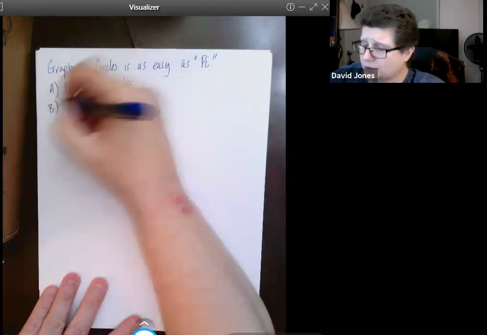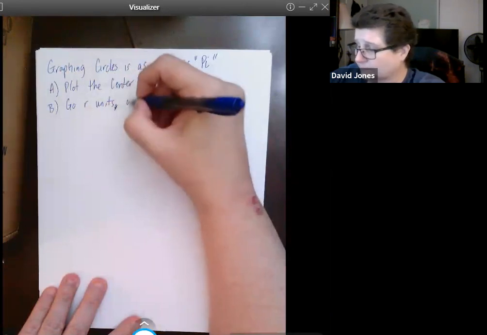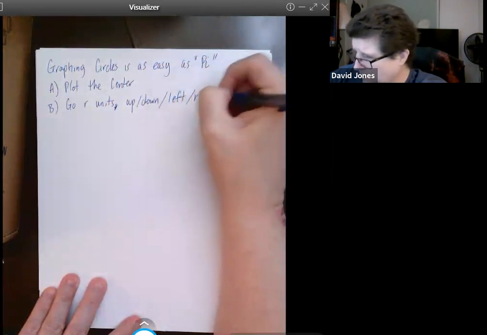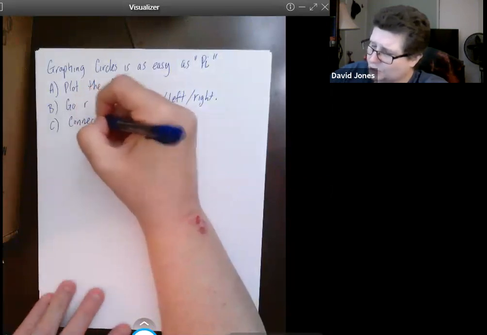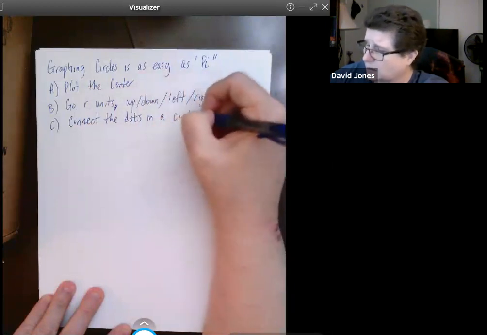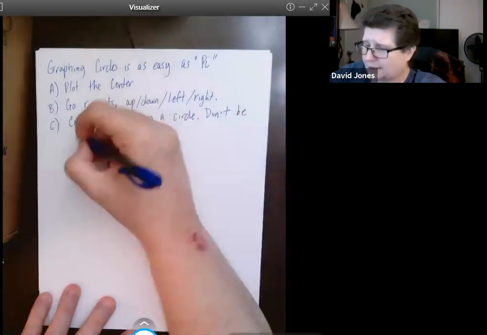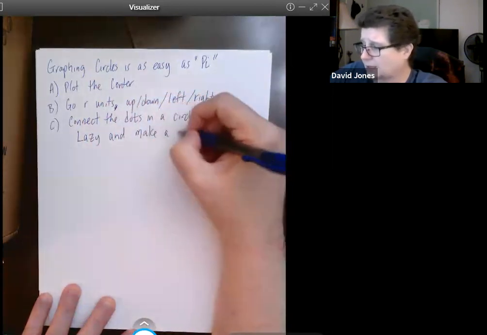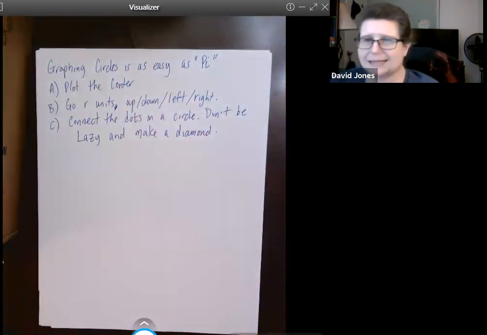Step 2, go r units up, down, left, and right. And then connect the dots in a circle. Don't be lazy and make a diamond. Circles are round. They don't have straight lines anywhere.